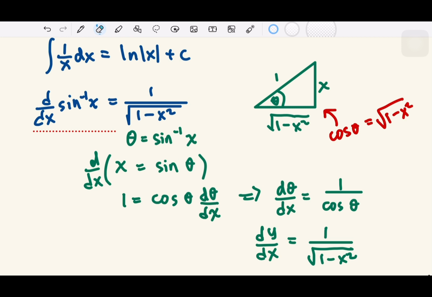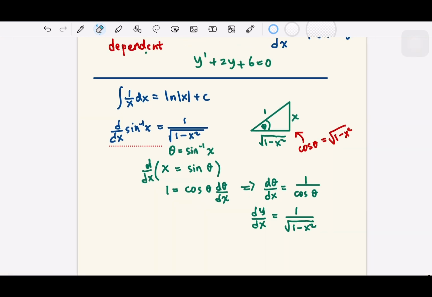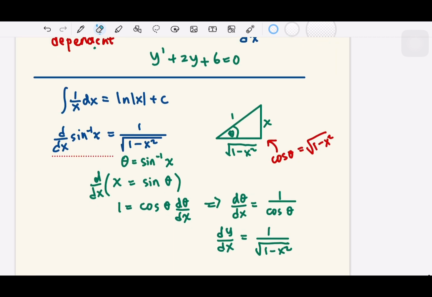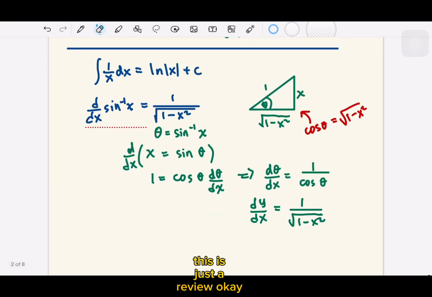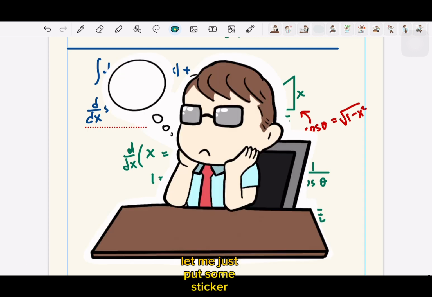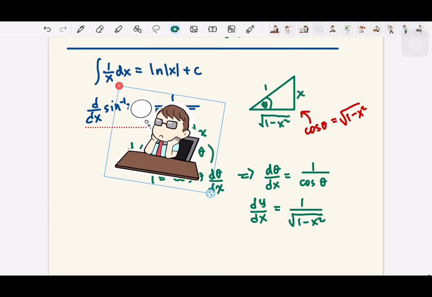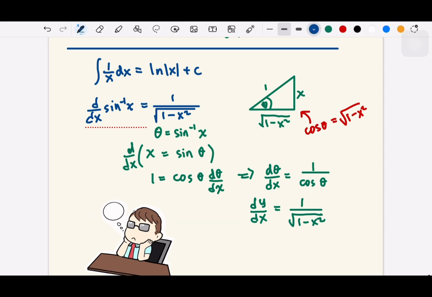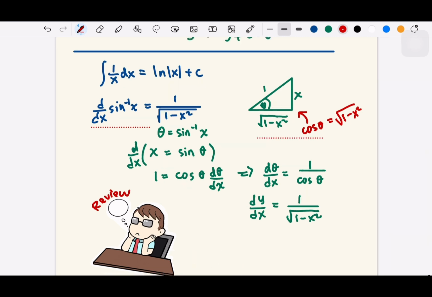Okay. This is just a review, okay? Just a review. So this is from the early beginning of the semester. Let me just put a sticker here. This is review. The sticker you can find in the line.